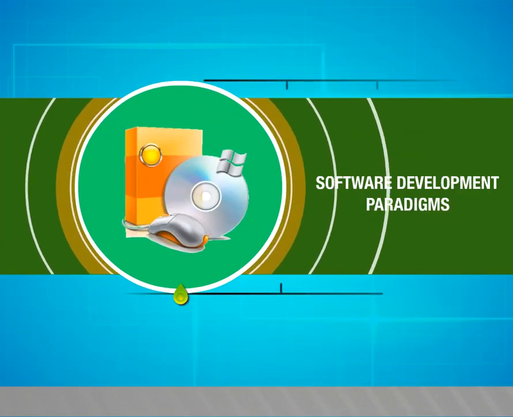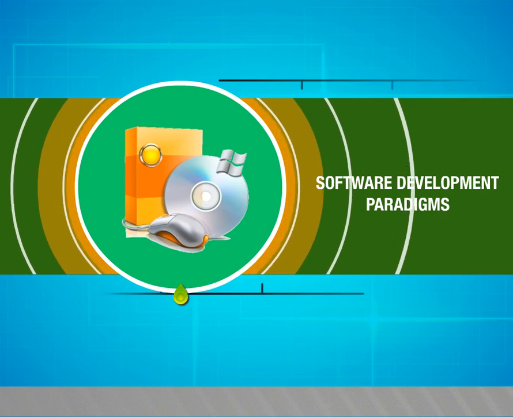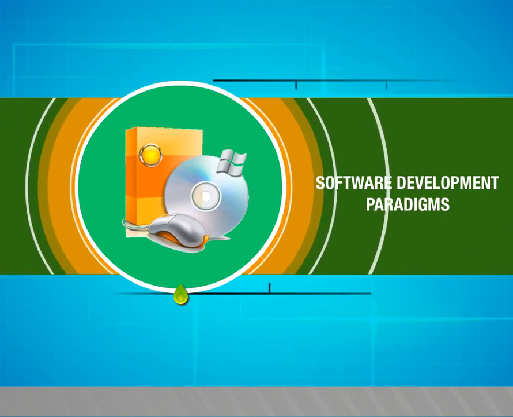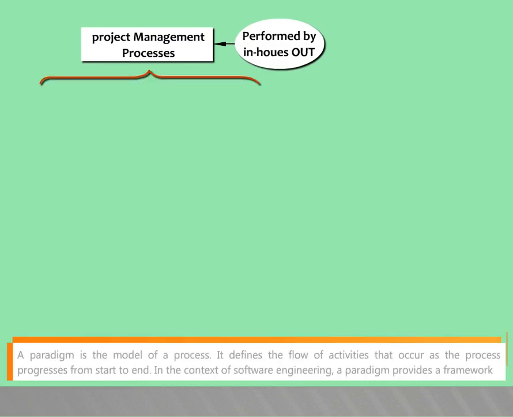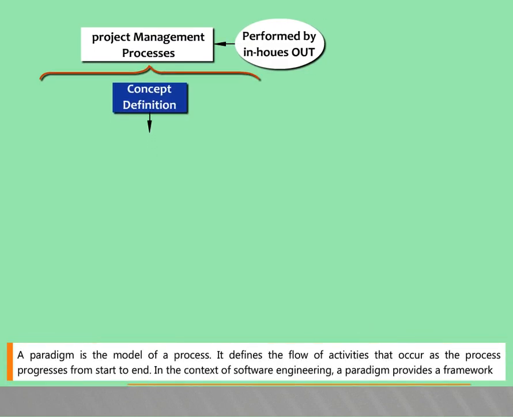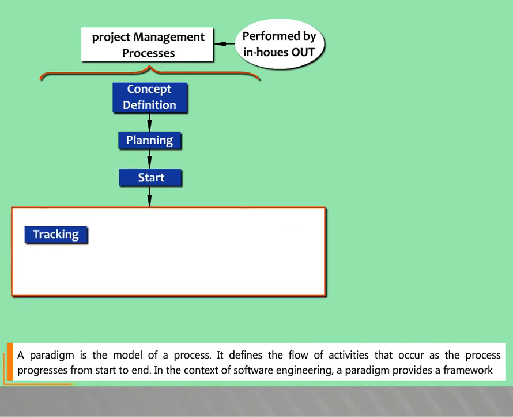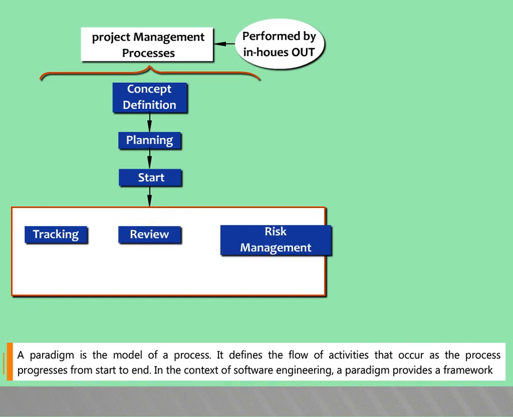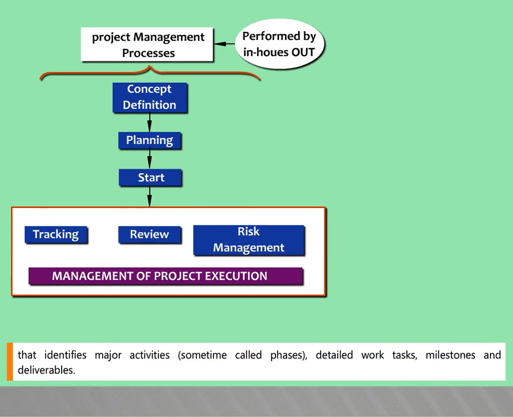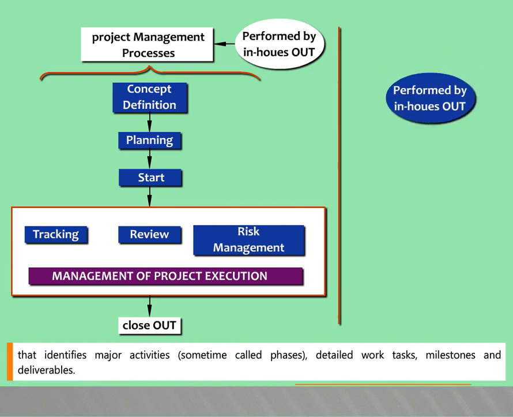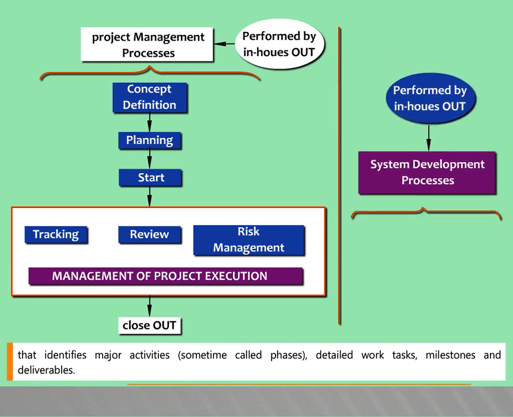Software development paradigms. In this video, we are going to see about software development paradigms. A paradigm is the model of a process. It defines the flow of activities that occur as the process progresses from start to end. In the context of software engineering, a paradigm provides a framework that identifies major activities, sometimes called phases, detailed work tasks, milestones, and deliverables.